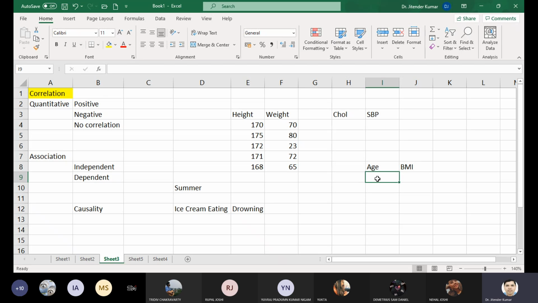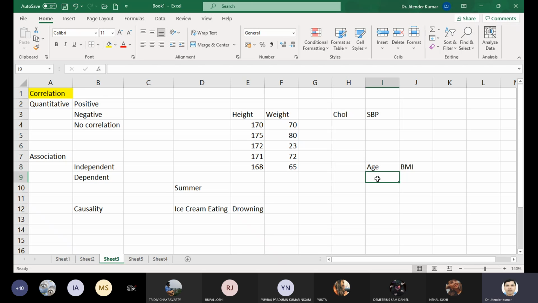If you study the relationship between age and BMI for, say, age 5 years till 25 years, you will find there is a linear relationship. As the age increases, BMI also increases. That is called a linear relationship.